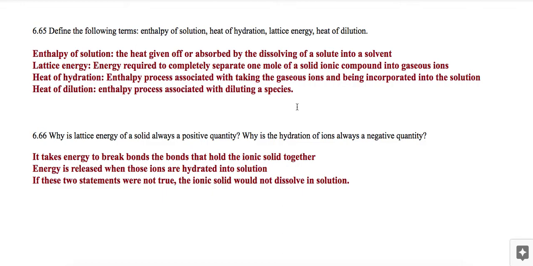When we form bonds, we get that energy back. And whenever we dissolve a solid salt into a solution, we can think about that process in terms of it having its bonds broken and then new bonds being made. Although the attractive forces between the ions in the water isn't a true bond, it's still an attractive force that then releases energy.